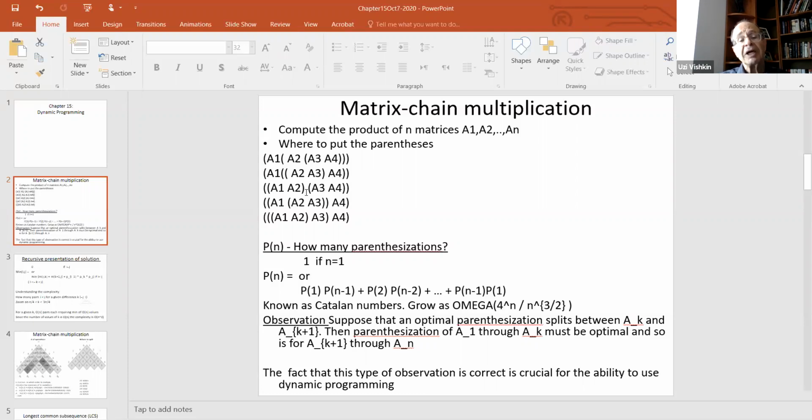This case will be captured by the k, where k is 2, because I split in the middle, and then I really have no choice. If I split in the middle, I have just two matrices before and after. So that's a boring case.